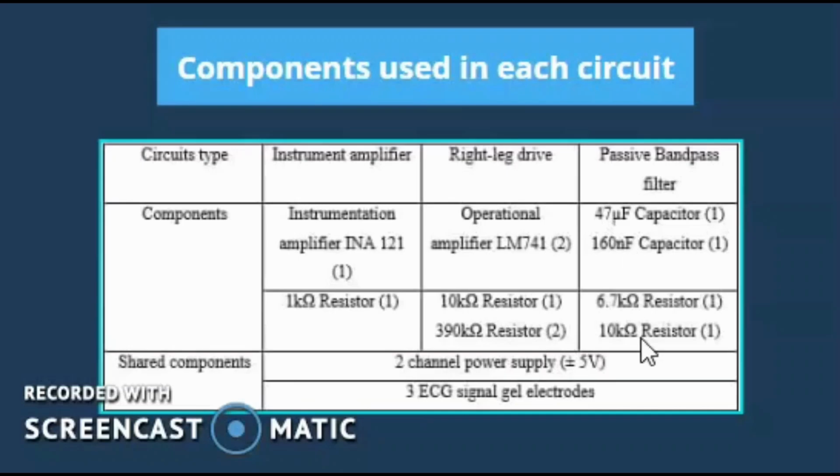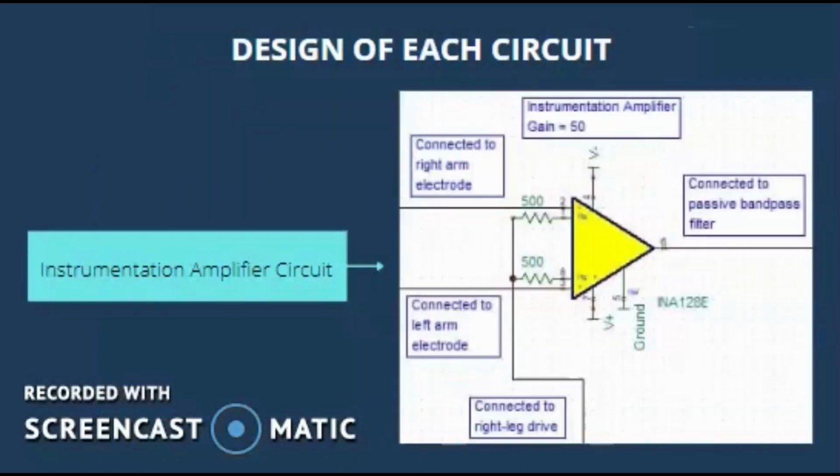Next, the passive band pass filter uses two types of capacitor, 47 microfarad and 160 nanofarad, and for the resistors, 6.7 kilo ohm and 10 kilo ohm. The shared components are used to channel the power supply, one with 5 volt and another with negative 5 volt. And the last one is the electrodes, which are 3 ECG electrodes, 2 for the arms and another one for the right leg.